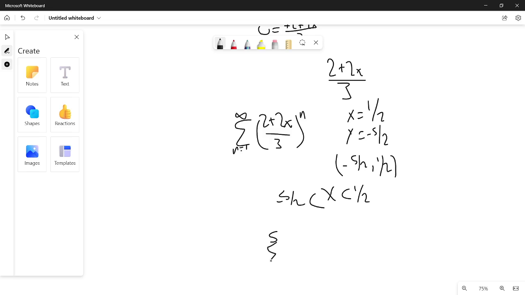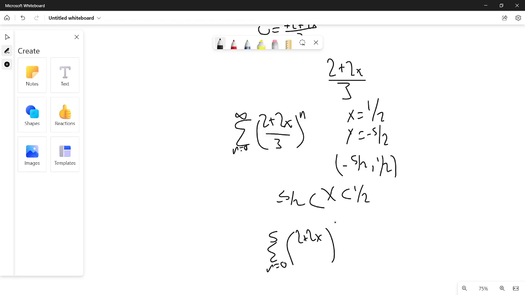Is there any way that you can just plug this into your calculator, or do you just have to do it manually? You can plug it into your calculator. No, because you have the x in it. All you have to do is write out the 2 plus 2x over 3 to the n for the summation part.